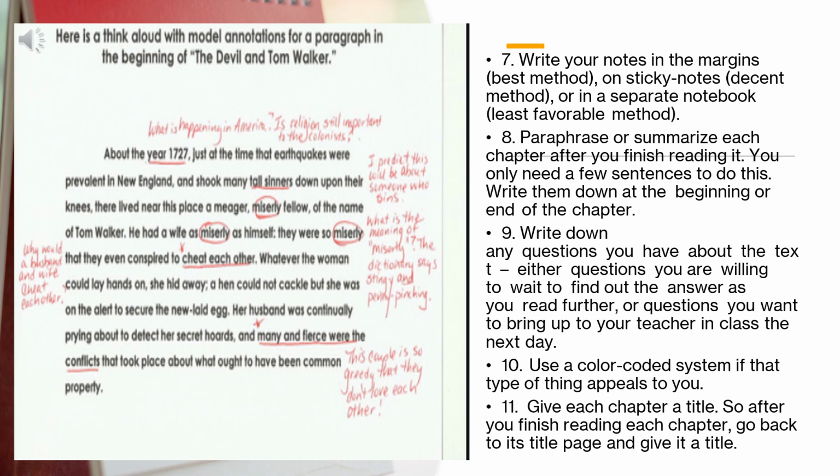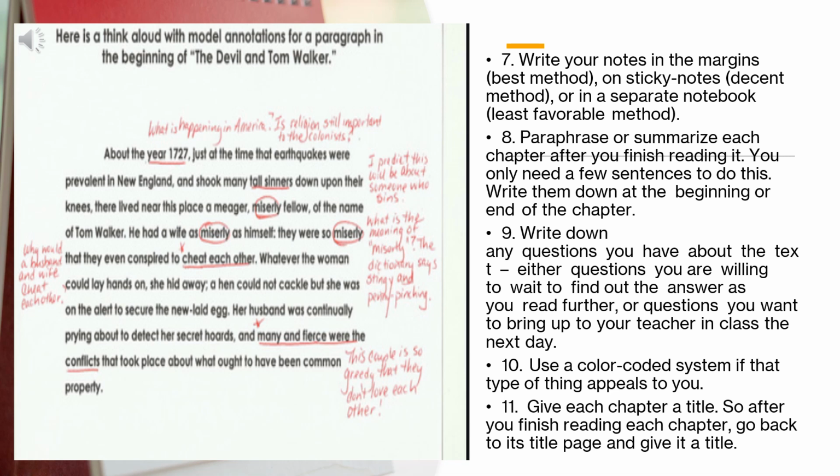Okay. Then number 10, use a color-coded system if that type of thing appeals to you. So it's always up to you. If you have many colorful pens, it will be easy for you to understand. If you have a green pen, then all words encircled with green are names of characters.